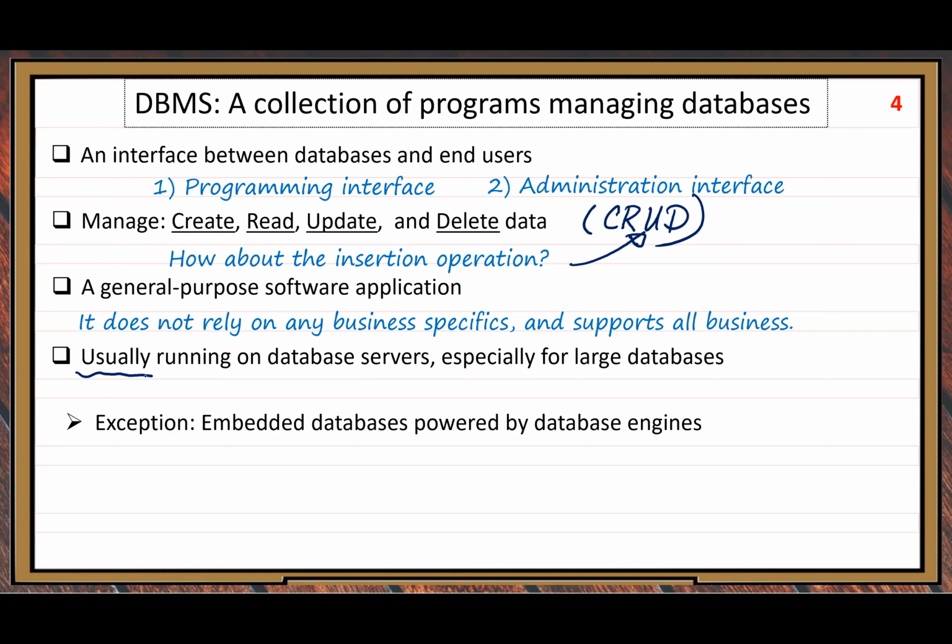The special case is called embedded databases, powered by database engines, not database servers. Still, you need something special to execute SQL queries, but that's a database engine, not a database server.